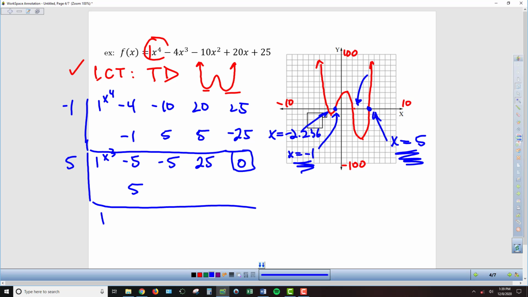Add -5 and 5 to get 0. 5 times 0 is 0. -5 plus 0 is -5. 5 times -5 is -25. Add one last time, and we again get 0, as we should, since we observed that 0 from our graph. And so now we've gone from x to the fourth to x to the third, and now this is the coefficient in front of x squared.